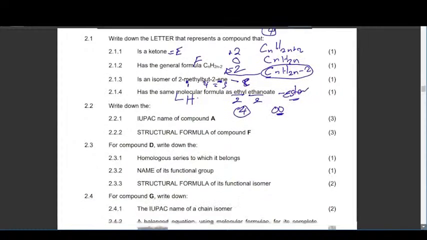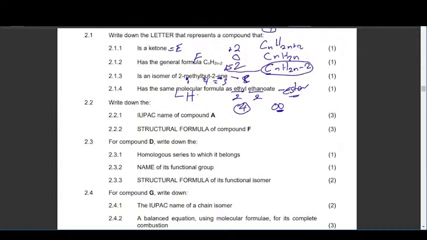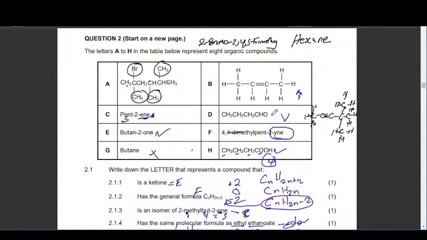Let's go to question 2.3. They're saying the homologous series to which compound D belongs. So we need to see the homologous series to which compound D belongs. If you look at this, compound D is an aldehyde. So it belongs to the homologous series of aldehydes, and its functional group is formyl.